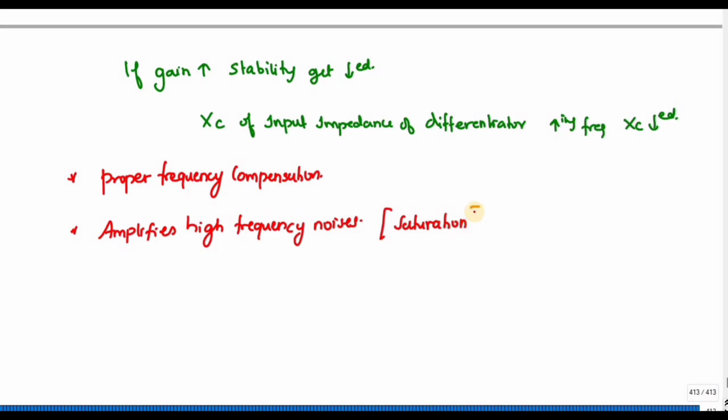There is a possibility that the noise can mask my actual input signal, which will lead to saturation. So this is a problem.